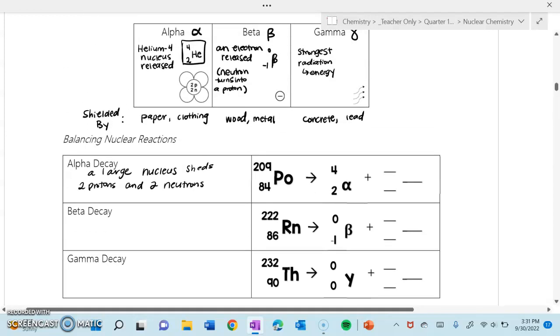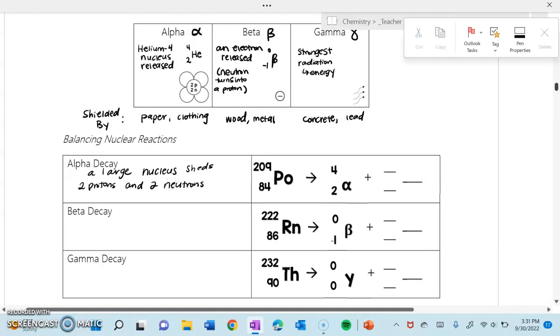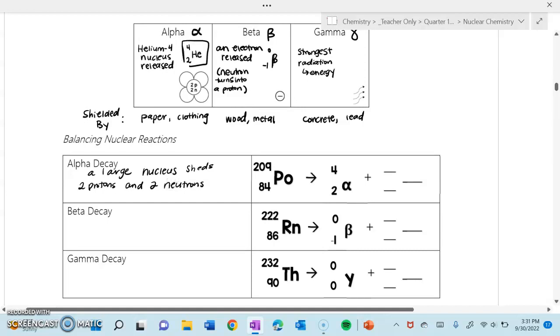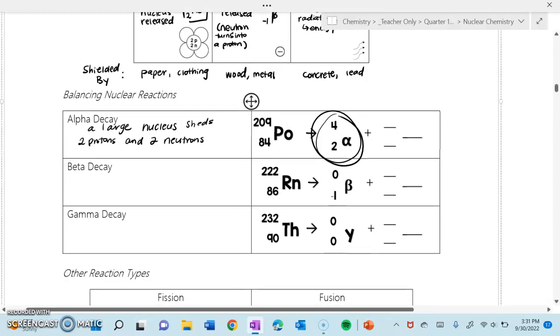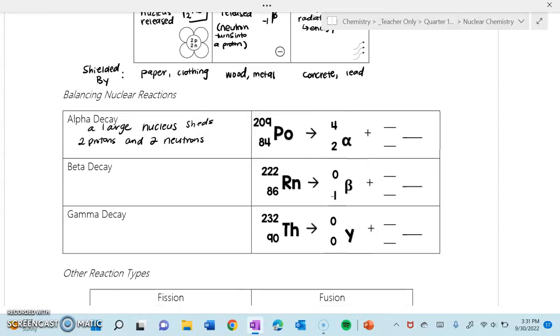So you could write the helium symbol such as this. You could also write it like this with an alpha interchangeably with that helium.